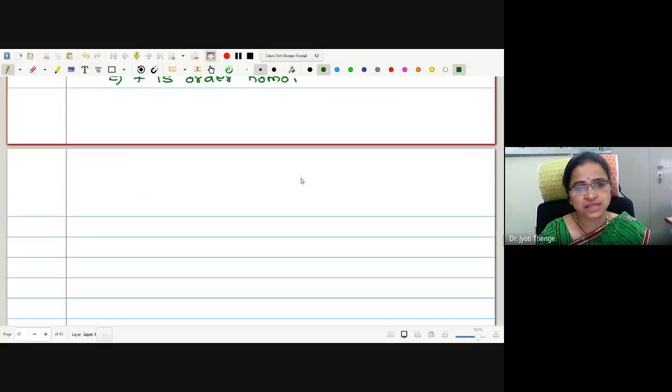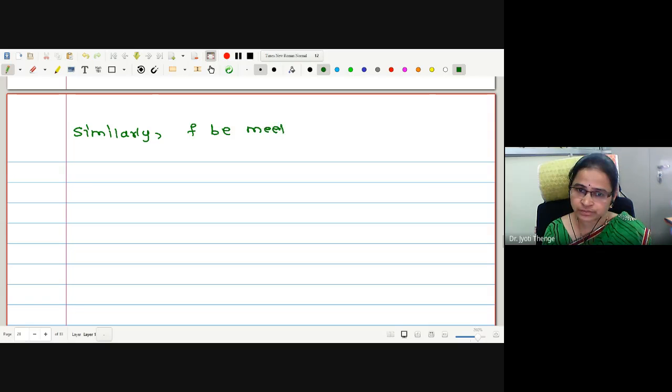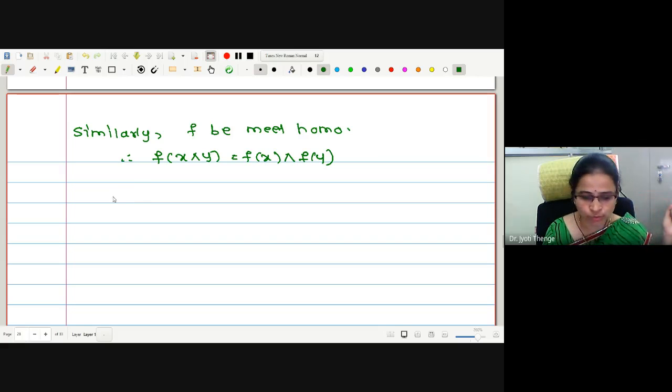Let us check the same thing with meet homomorphism. Similarly, let f be a meet homomorphism. Meet homomorphism means f preserves the meet operation. That is, f of x meet y is equal to f of x meet f of y. Now we are checking order homomorphism.